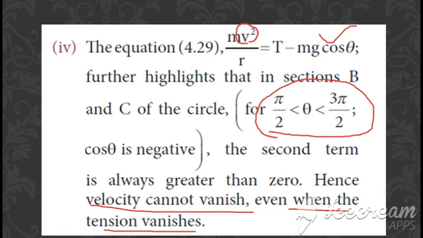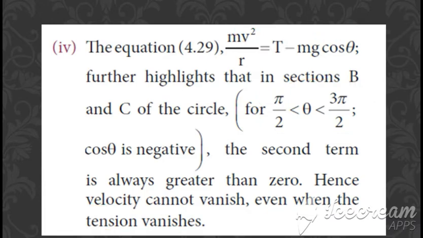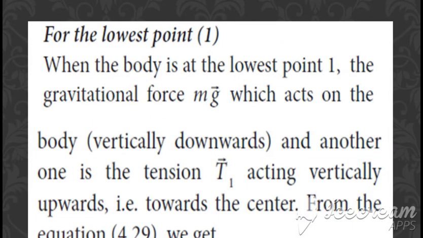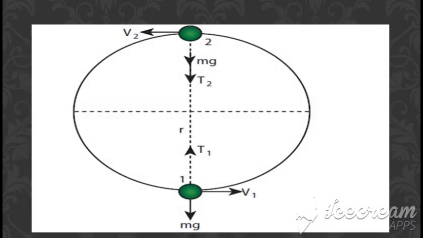Clear? So next we are going to see the positions at the bottom and at the top, for the lowest position. Okay, lowest point. For this, consider this diagram. In this diagram, the particle is at two positions, which are 1 and 2.